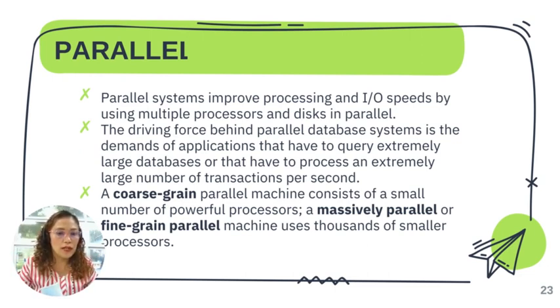The driving force behind parallel database systems is the demand of applications that have to query extremely large databases. A coarse grain parallel machine consists of a small number of powerful processors, and a massively parallel or fine grain parallel machine uses thousands of smaller processors.